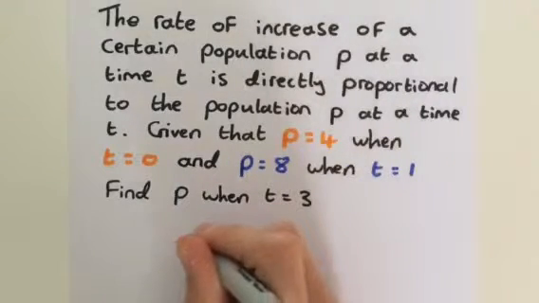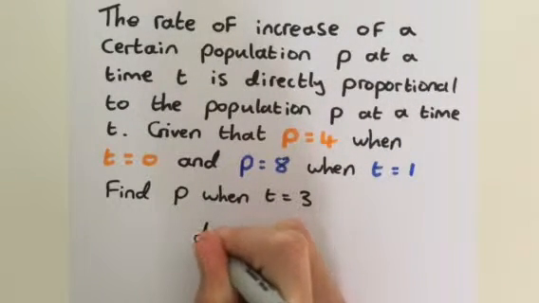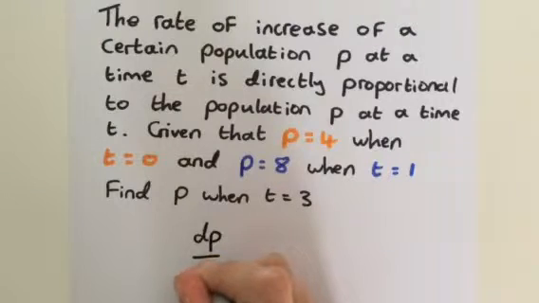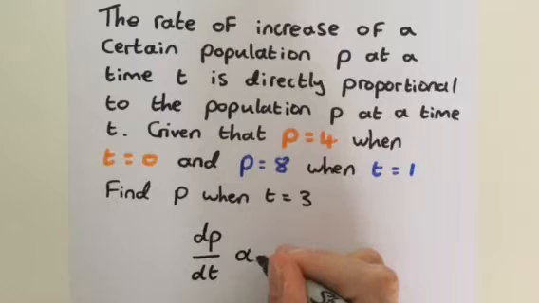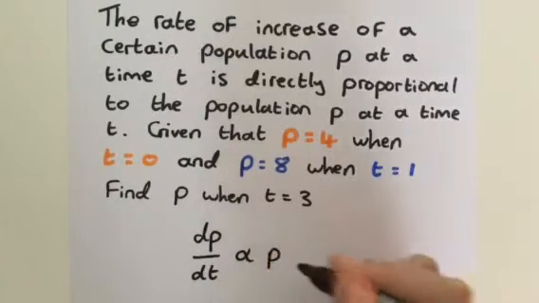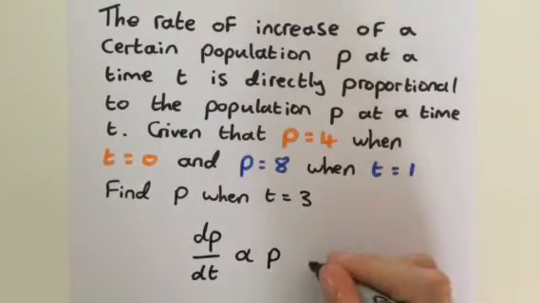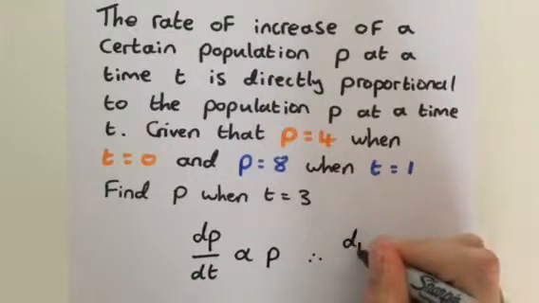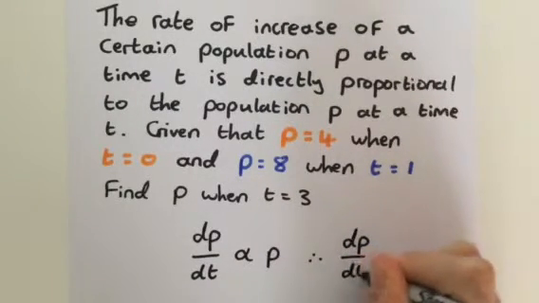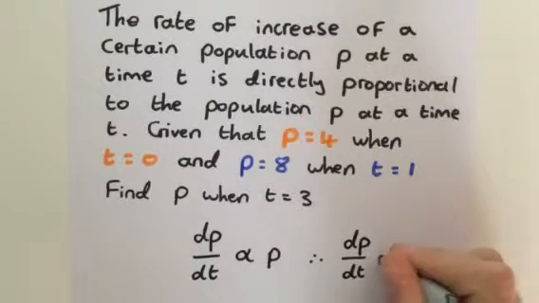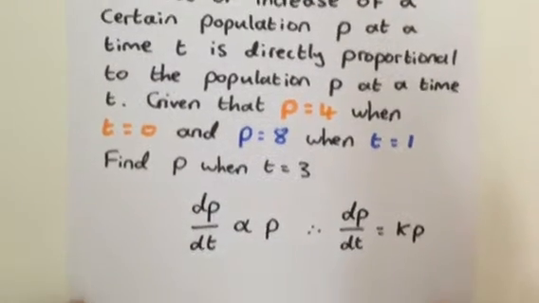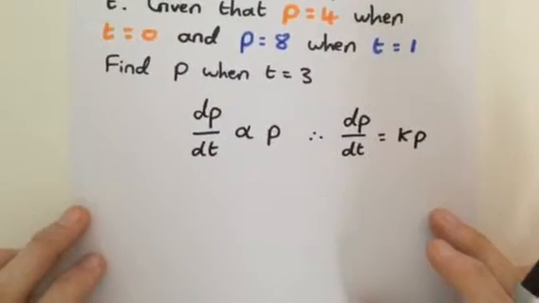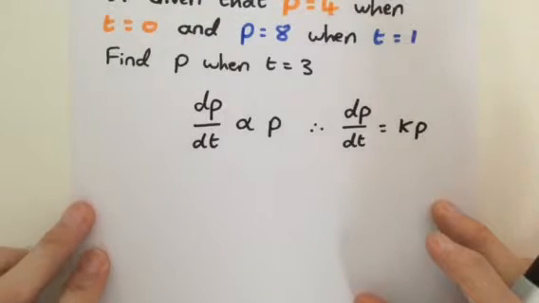So we get dP by dt, the rate of change of P, and it's proportional to P. Therefore dP by dt is equal to kP, where k is our constant. So we have got our differential equation, but we have got a lot more to do.